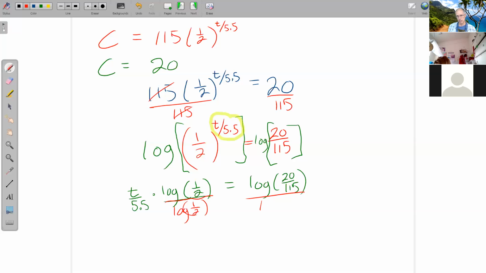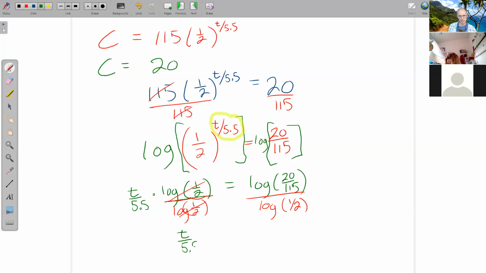Get that over to this side. And remember, the logs don't cancel. We're stuck with them. All right, so the log of 1/2 divided out. So now all I have on this side is t over 5.5.